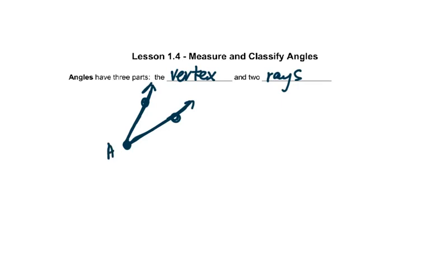So if we did it like A, B, C, we would be able to name this angle. And sometimes they are obtuse, which we're going to talk about here in a minute, but still an angle. And let's call this D, E, F. And we're going to talk again in a moment about how we name our angles.